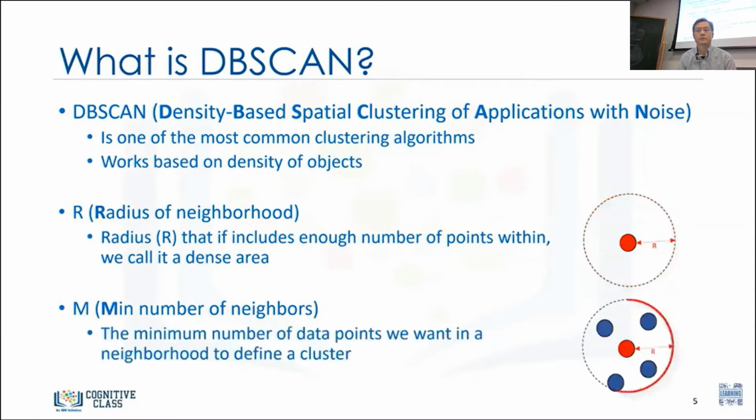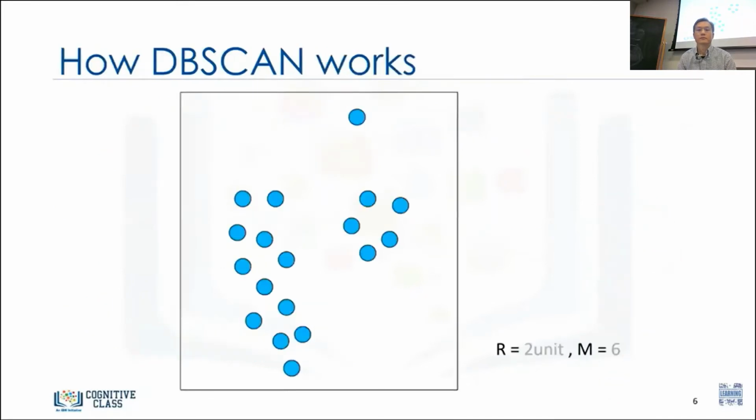M determines the minimum number of data points we want in a neighborhood to define a cluster. Let's define radius as 2 units. For the sake of simplicity, assume it as a radius of 2 centimeters around the point of interest. Also, let's set the minimum points, or M, to be 6 points, including the point of interest.